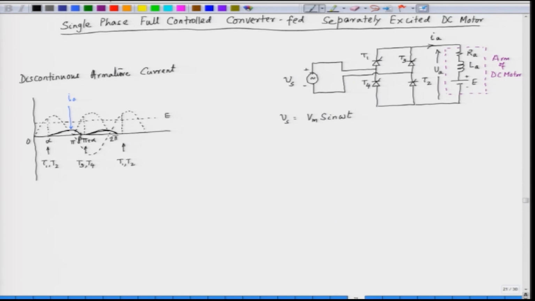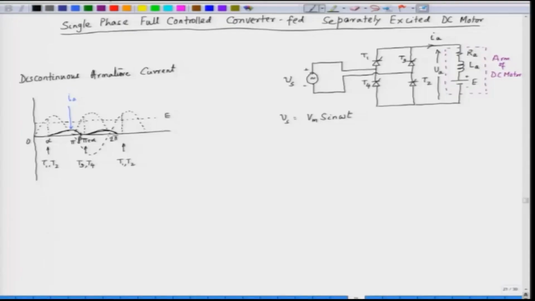What about the output voltage? Output voltage will be rectified voltage, no doubt, but this will have a typical waveform. Now, when we trigger the SCRs, the output voltage will be the same as the input voltage, because when we trigger, let us say, these two SCRs, they will go on conducting, and so the input is connected to the output.